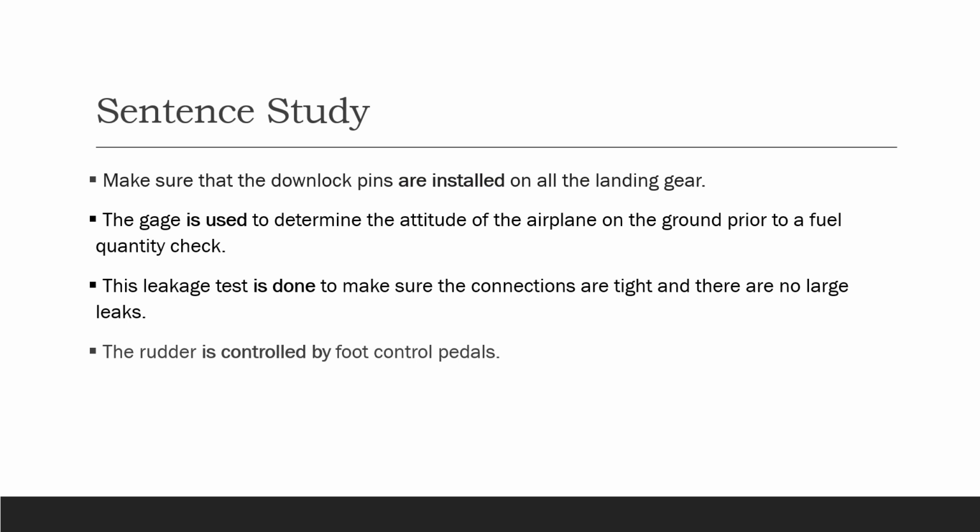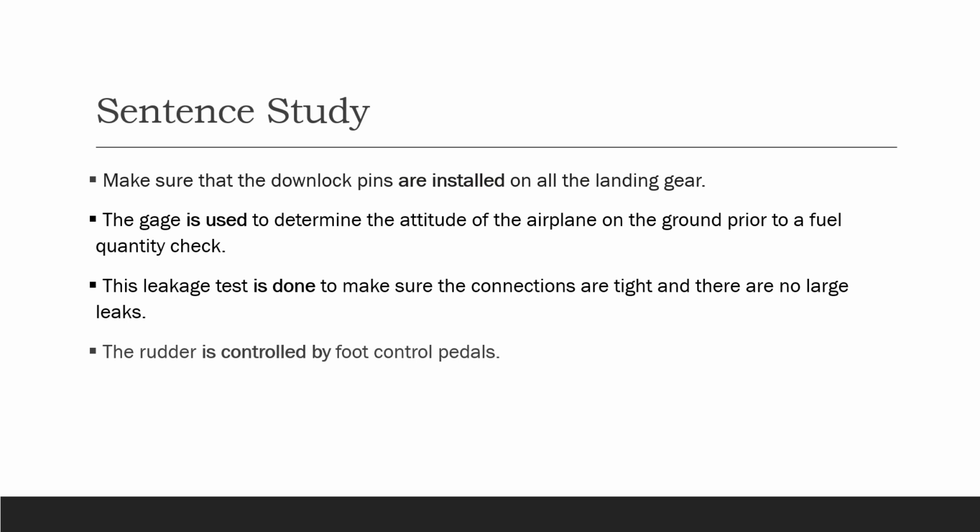Burada cümlenin fiili olduğu için sona bırakıyorum. This leakage test is done to make sure the connections are tight and there are no large leaks. Evet, burada da yine to make sure sebep bildiriyor.